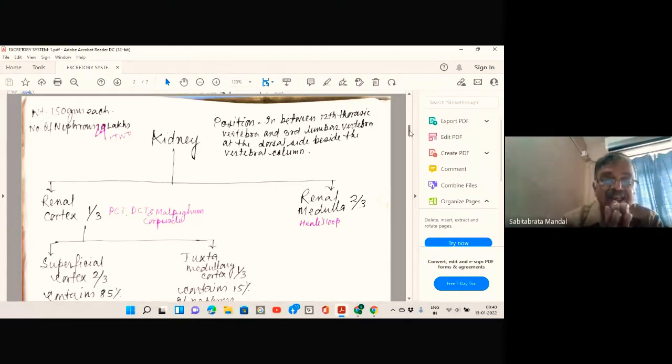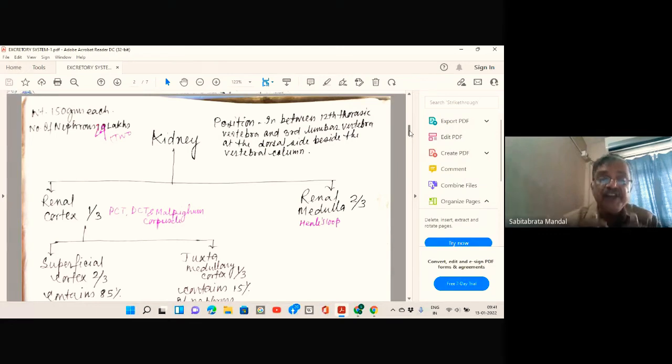Now, if we divide the kidney into two parts, then the outer part is known as renal cortex, which is around 1/3 of the whole kidney, and the inner part is renal medulla, which is around 2/3 of the kidney.